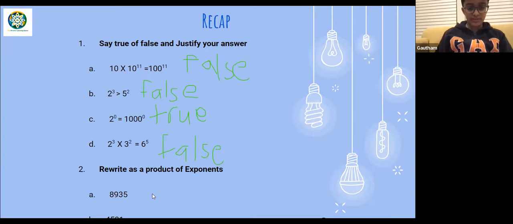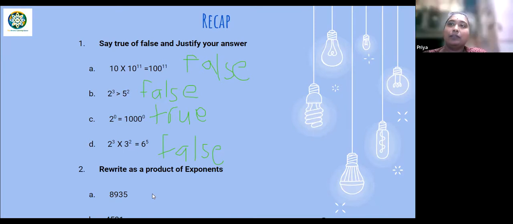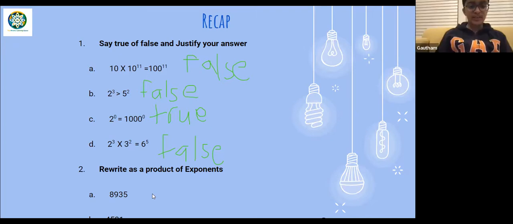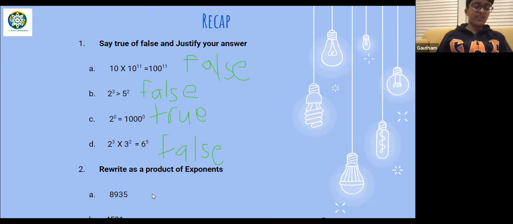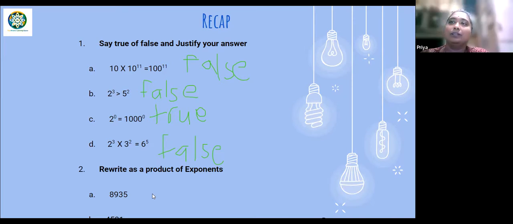I don't know how to do this one. Do you know how to do expanded form? I don't know how to find this. Show me a method. I'm going to ask you to use your brain to find out the method.